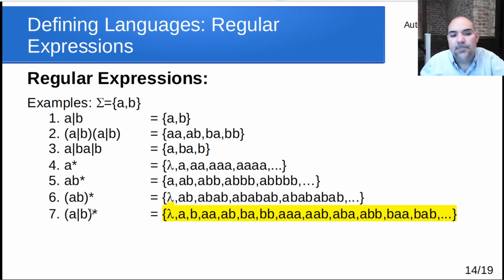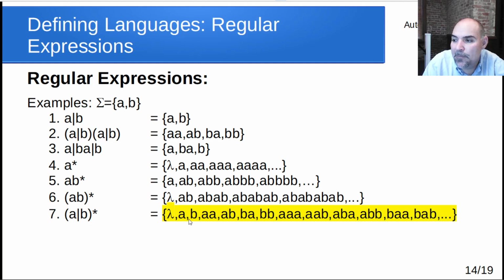All right, the next one, notice this one is similar, but I put that union operator between the A and the B. So this is saying A union B, that whole thing star. So A union B, we had that one up here. That's just A comma B. So that's 0 or more of this language up here concatenated with itself. So there's 0. Here it is raised to the first power.